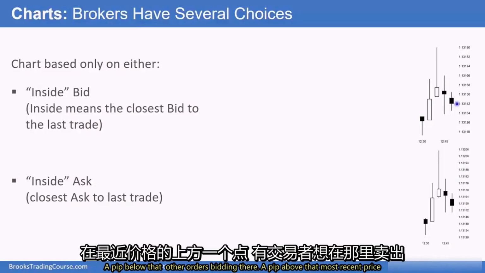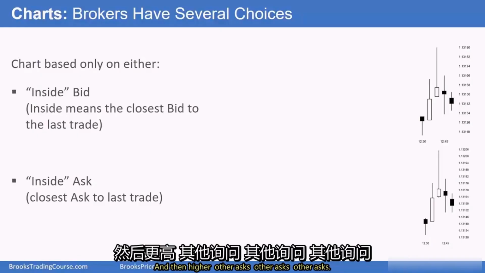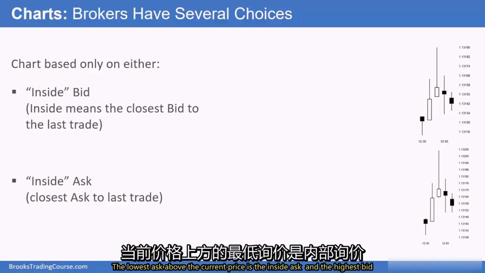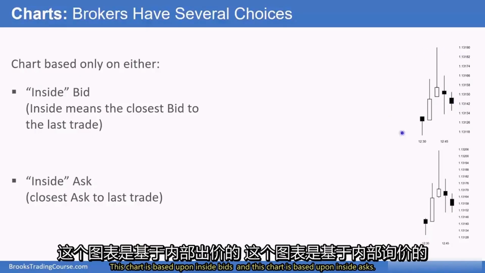A pip above that most recent price, there are traders asking to sell there. And then higher, other asks, other asks, other asks. The lowest ask above the current price is the inside ask, and the highest bid right below the most recent price is the inside bid.